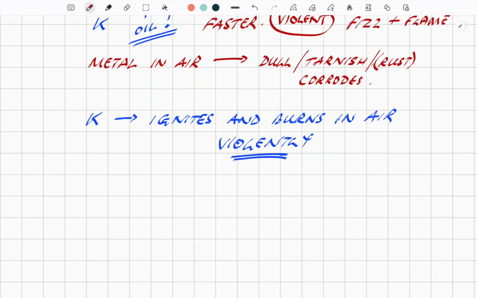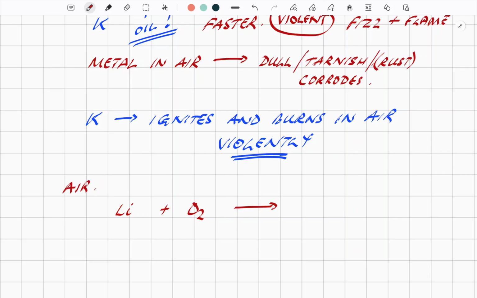So first of all, the reaction with air. Let's take an example. You've got lithium plus oxygen. So it's not air, it's the actual oxygen in the air that the reaction happens with.